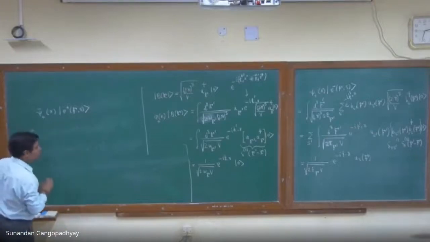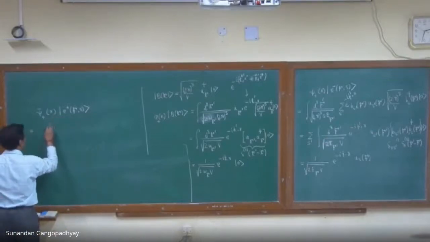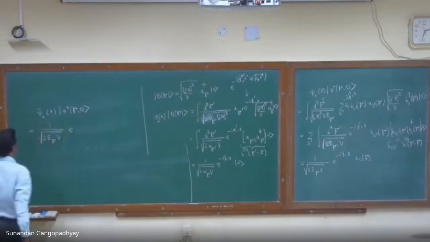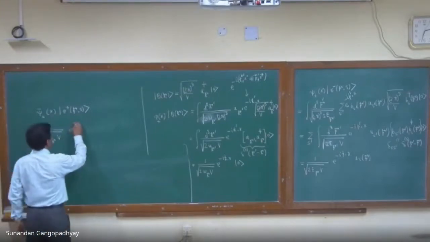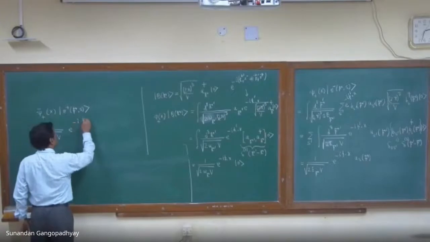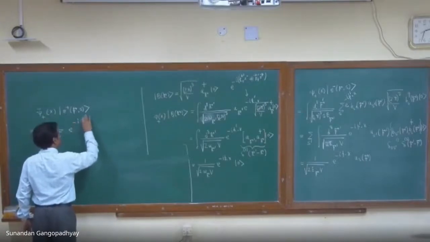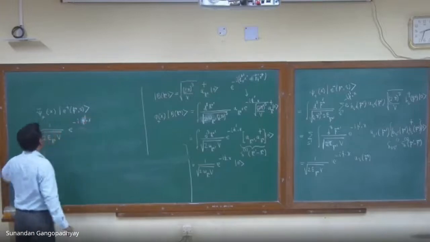This also you can proceed that way. What you are going to get is the following. This will be minus i P dot X, and this is the positron.